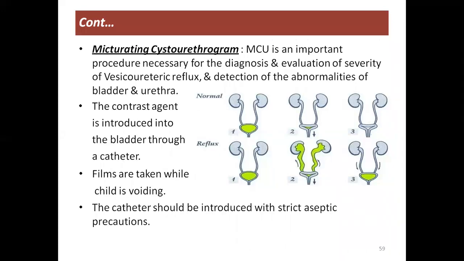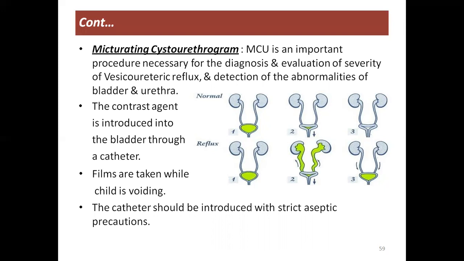Also, a technique of micturating cystourethrogram is used in diagnosis and exclusion of vesicoureteric reflux, and detection of abnormalities of the bladder and urethra. What we do is introduce the contrast agent into the bladder through a catheter into the urethra, then films are taken when the child or adult is voiding.